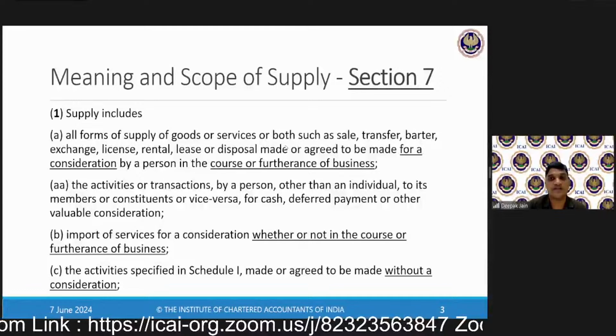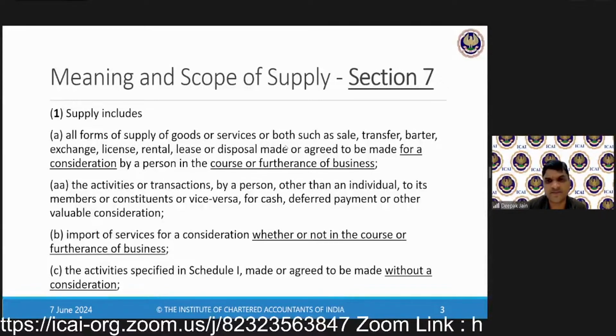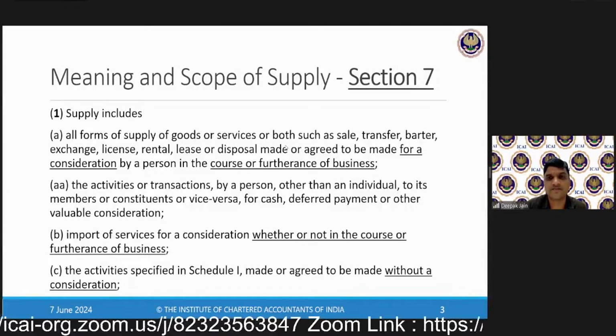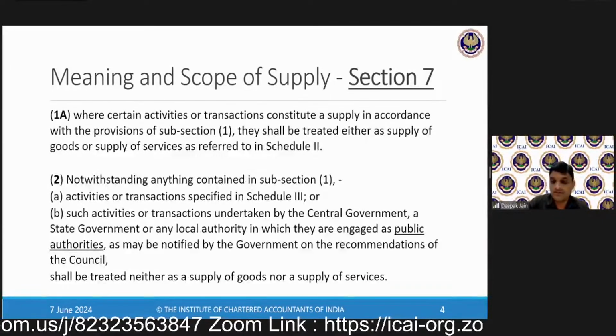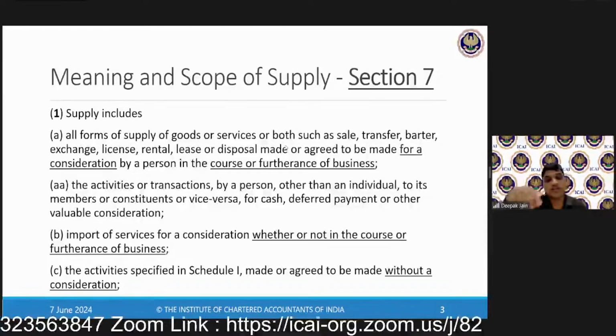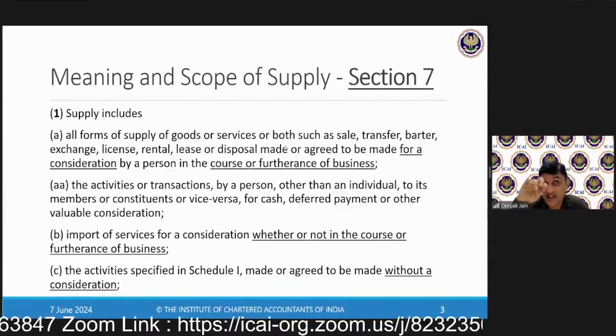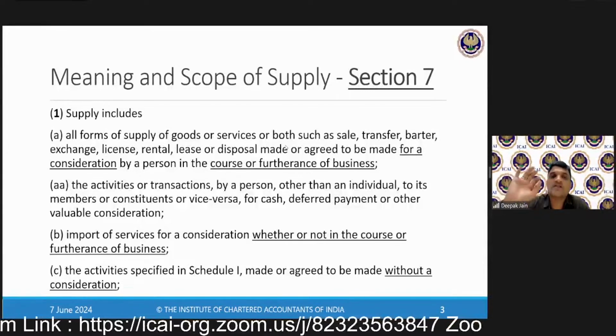furtherance of business. Okay, so any kind of importation of services, when you give a consideration, the requirement of it being in the course or furtherance of business is not there.